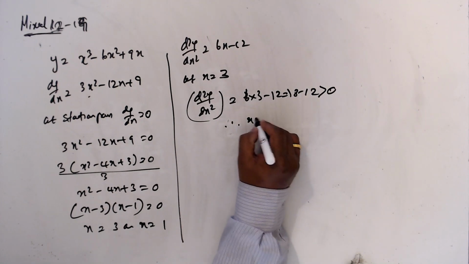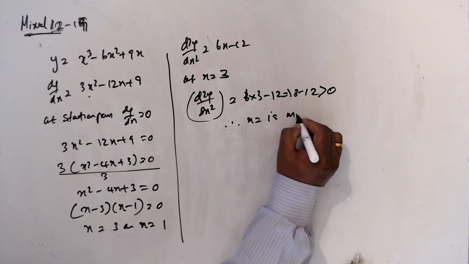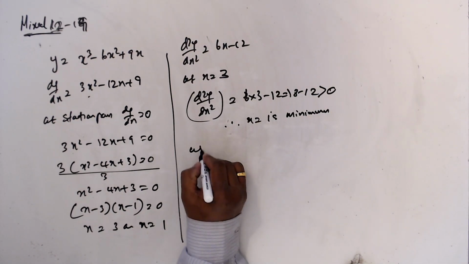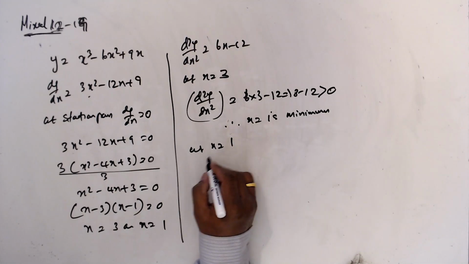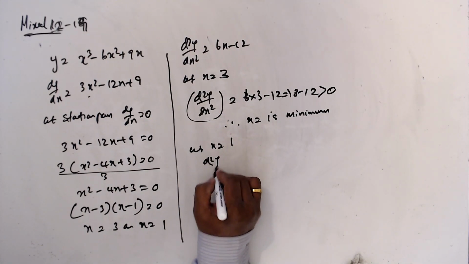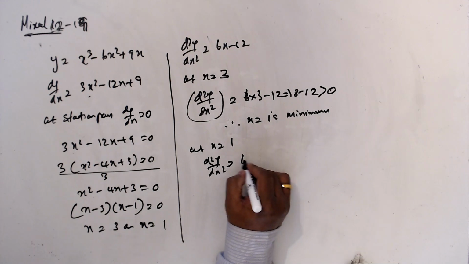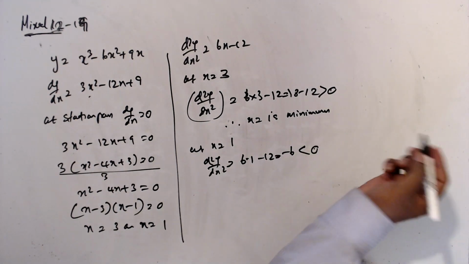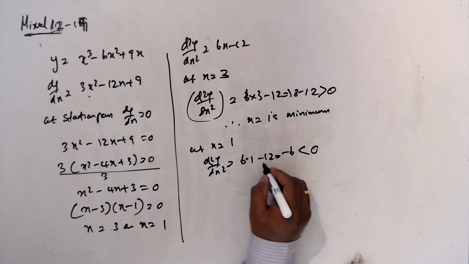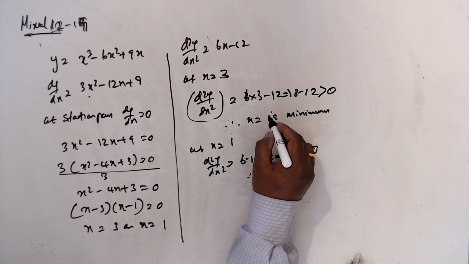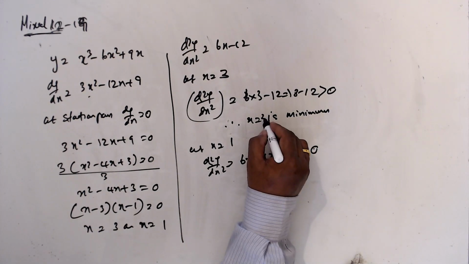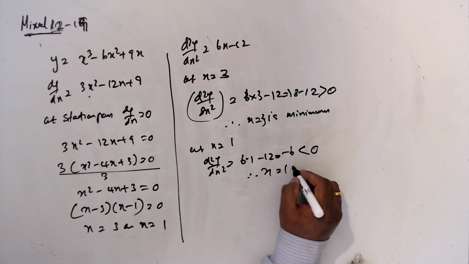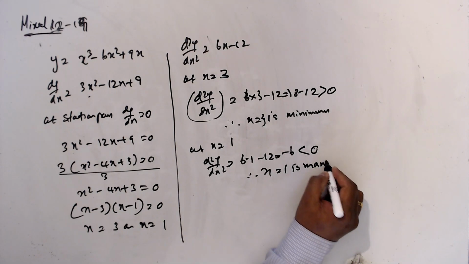Hence x = 3 is a minimum. So this is the second derivative test. At x = 1, d²y/dx² = 6 times 1 - 12 = -6, less than 0. Hence x = 1 is a maximum.